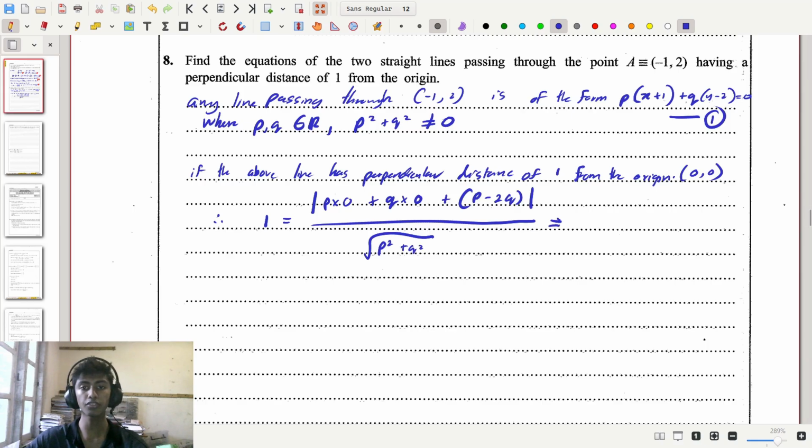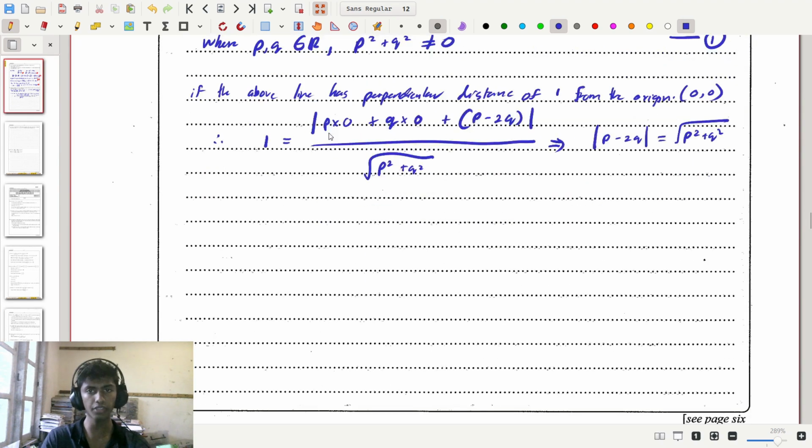Now from this we can see this term becomes 0, this term becomes 0, and we are left with the modulus of p minus 2q divided by the square root of p squared plus q squared equal to 1. If we rearrange this by taking the denominator to the other side, we get the modulus of p minus 2q equal to the square root of p squared plus q squared.